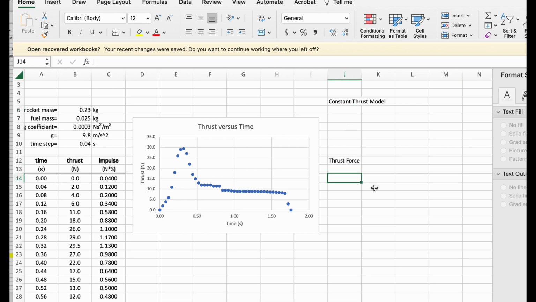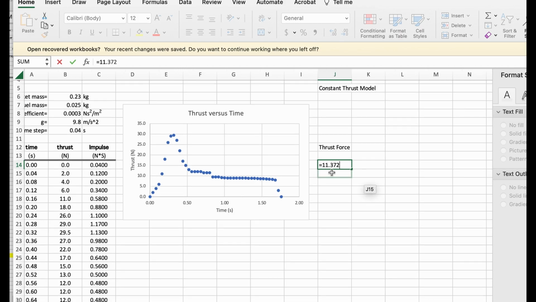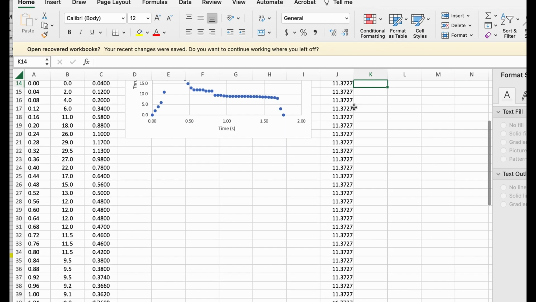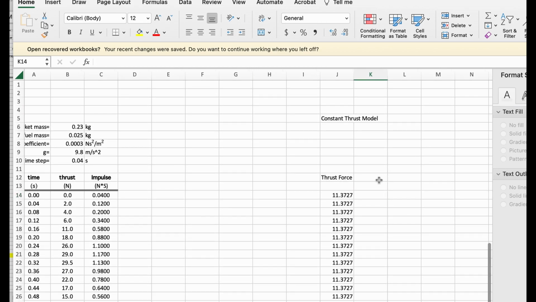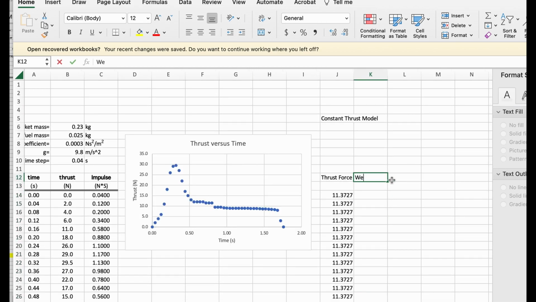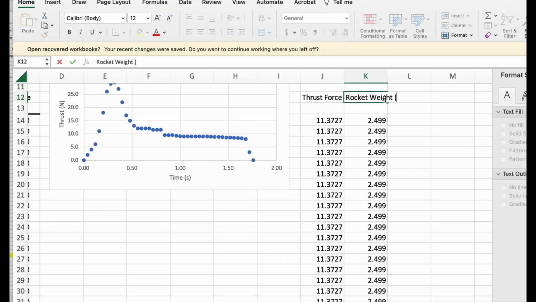But what we do is we just use that 11.3727. All right, so I copied the constant force all the way down. I want a column for the weight of my rocket. We calculated that before. It was 0.2499 newtons, 2.49, okay. I'm going to put the units in. Newtons. This is newtons as well.